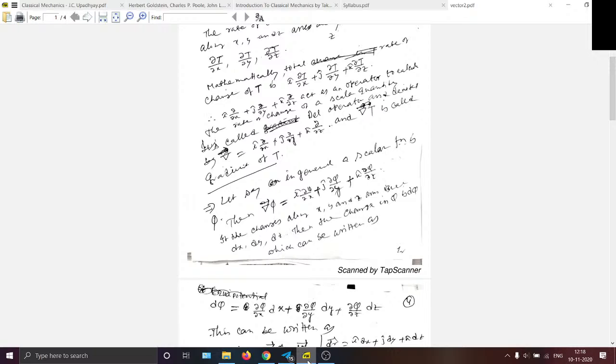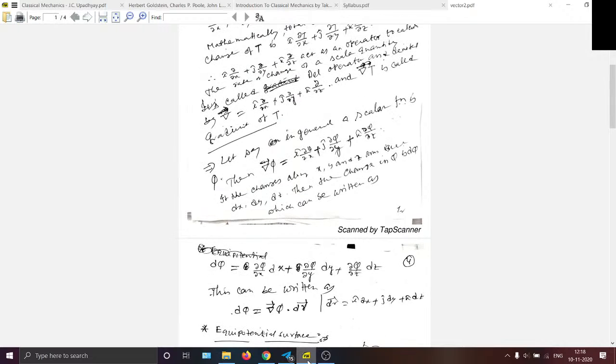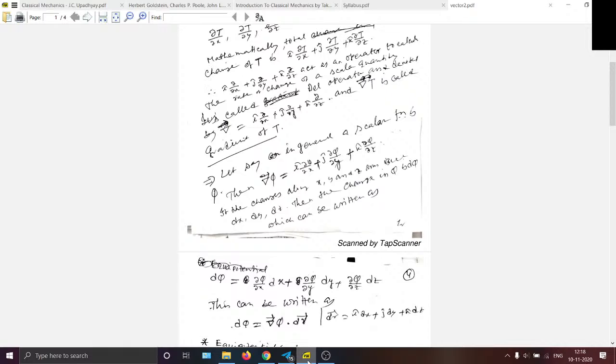Delta T is sometimes called grad T, the gradient of the function T, or of the scalar function T. This is for the temperature distribution. If you have any scalar function, let's say phi, then we can write grad phi.